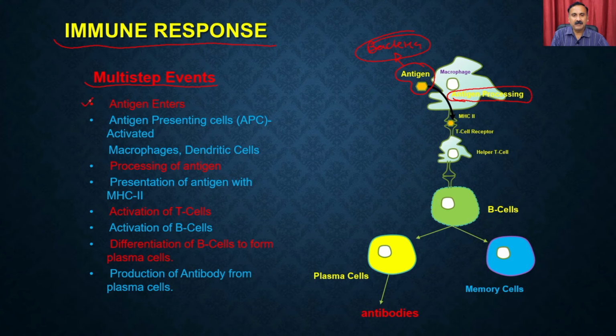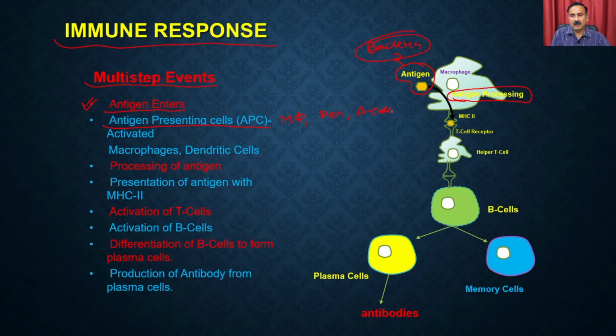So, the first step is that the antigen is going to enter the body, then it is going to be encountered by the antigen presenting cells such as the macrophages, the dendritic cells, or the B cells.